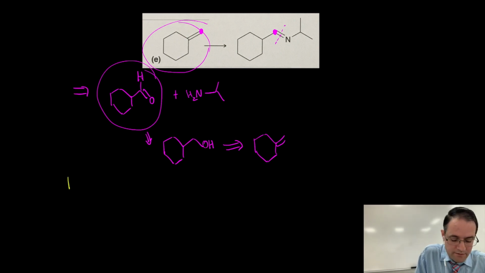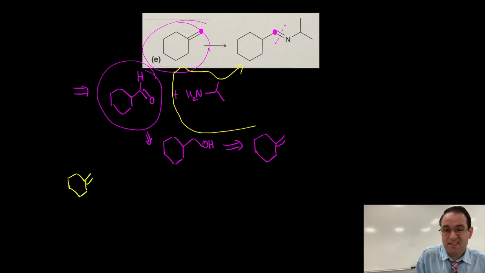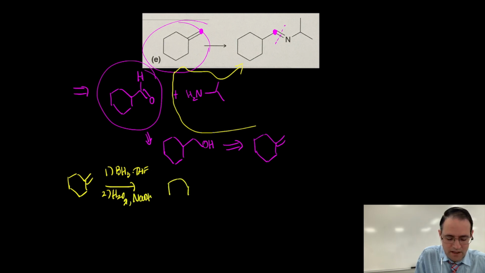So in the forward synthesis, we're going to go this way, right? In the forwards direction, we're going to take the alkene given to us. We want to treat this with borane, hydrogen peroxide, sodium hydroxide, and this is going to give us the anti-Markovnikov less substituted alcohol.